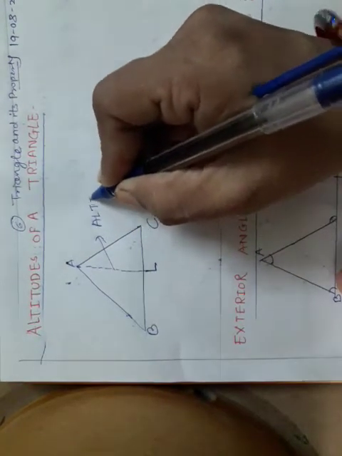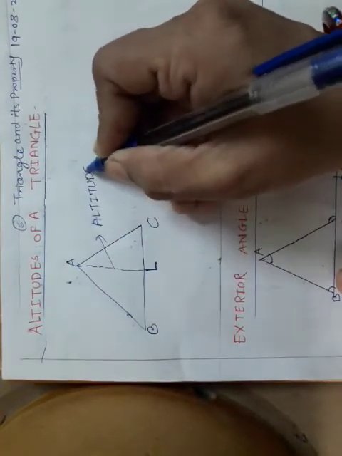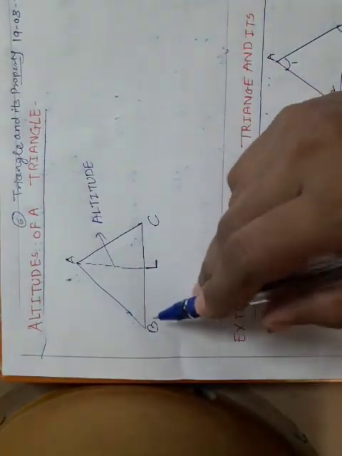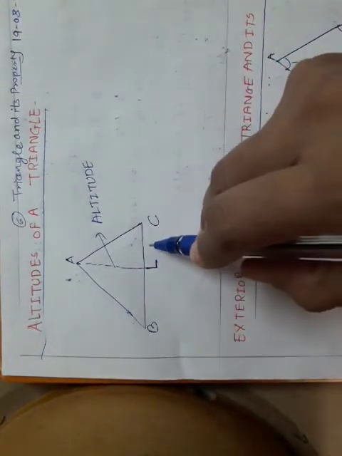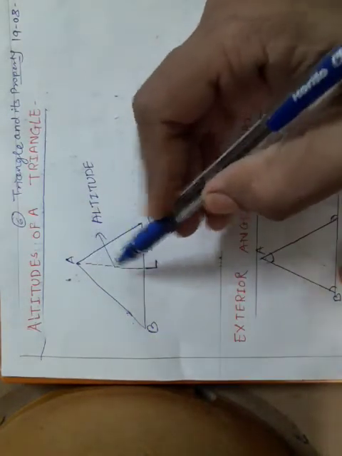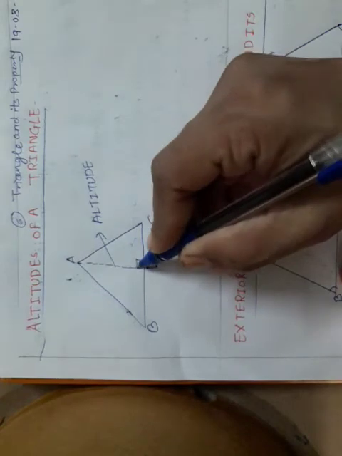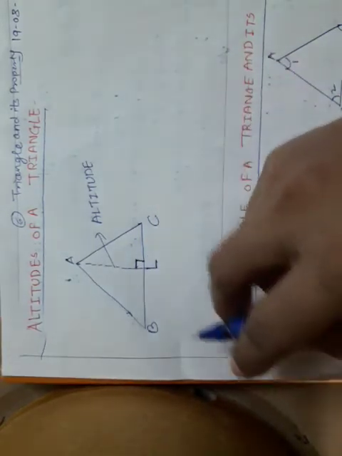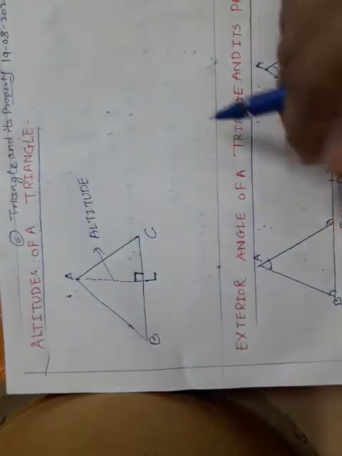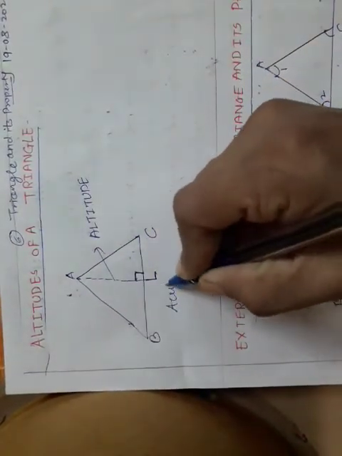Altitude. In the median, we divide BC into two equal parts, but in the altitude, this is the perpendicular line segment drawn from the vertex to the opposite side. So this is an acute angle triangle.